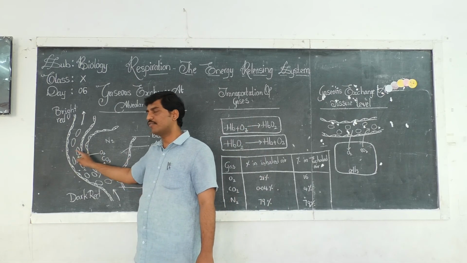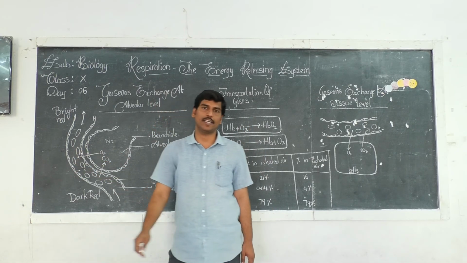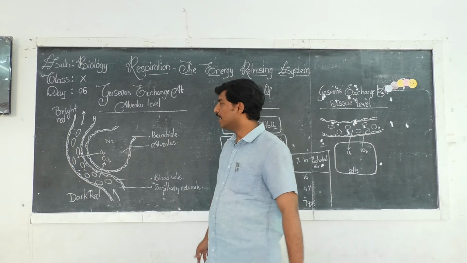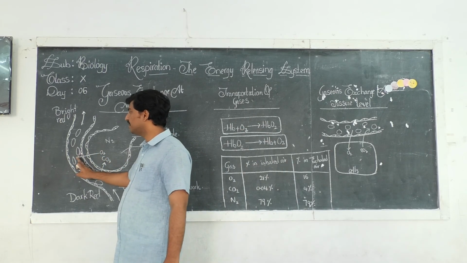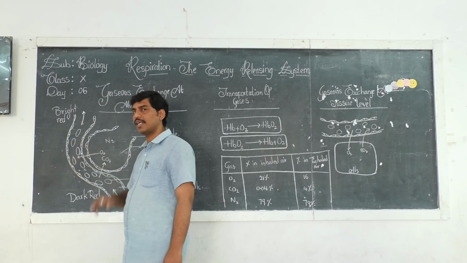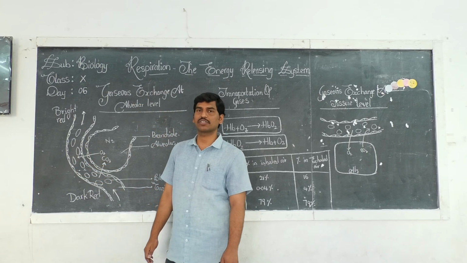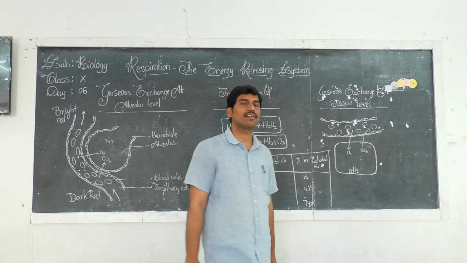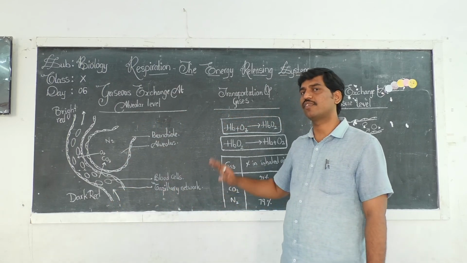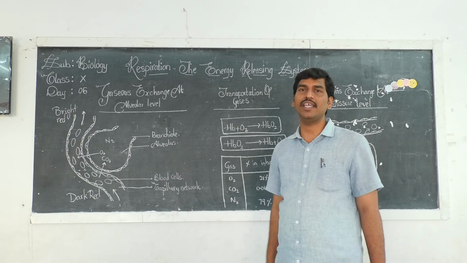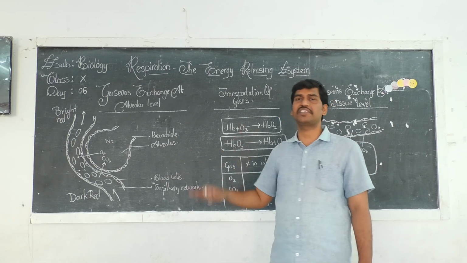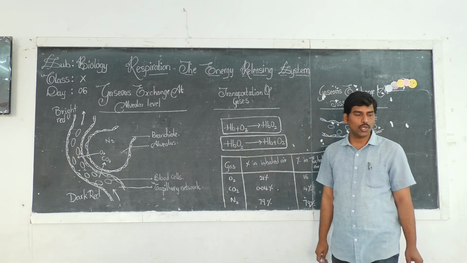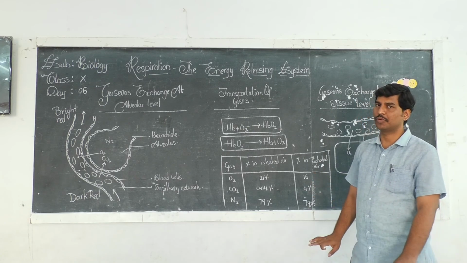Therefore, oxygen diffuses into the blood. The oxygen combines with the hemoglobin in the red blood cells and turns into oxyhemoglobin, and the color changes to bright red. This is once again supplied to the heart, from where the oxygenated blood is supplied to all the parts of the body.